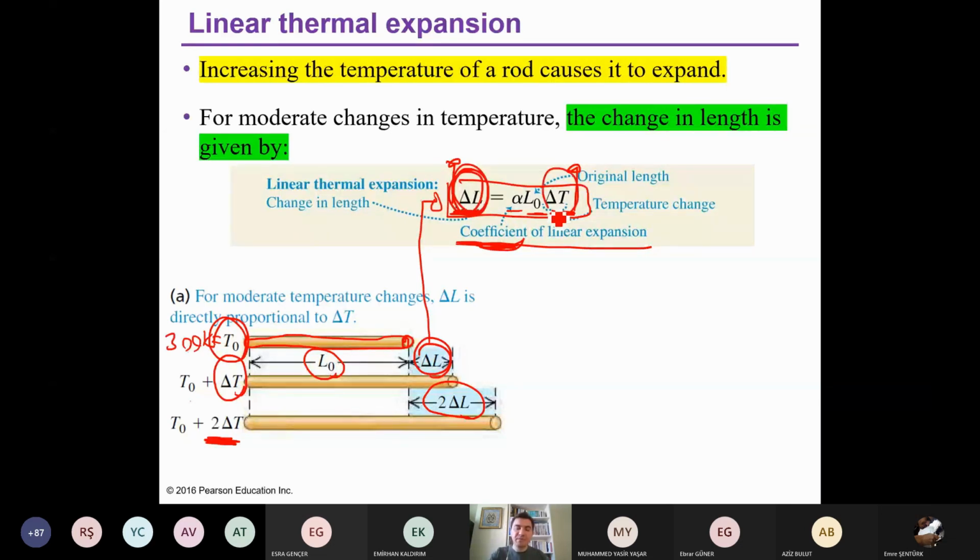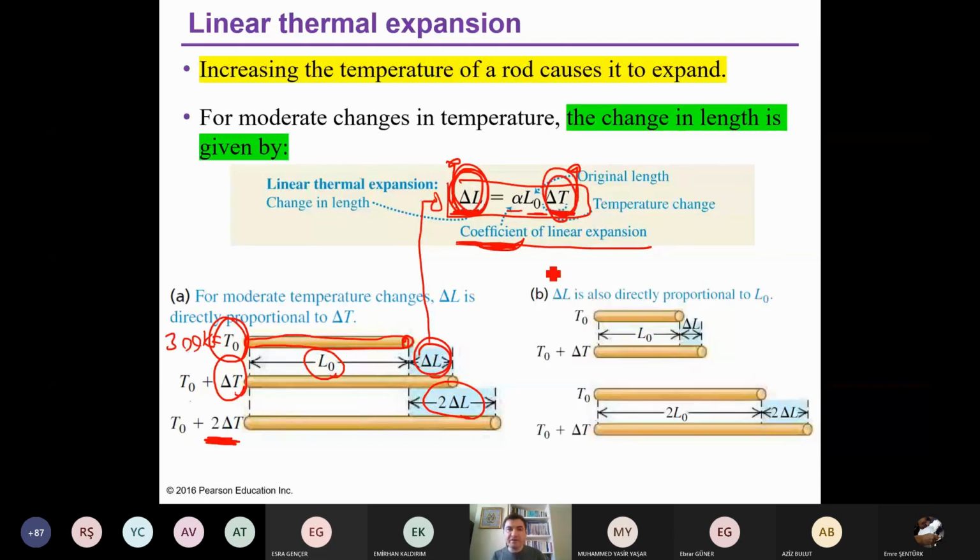And what about the initial length here? Here you see the initial length, L0. So we have here a rod. It has a certain initial length L0, and the temperature is T0, and I increase the temperature.